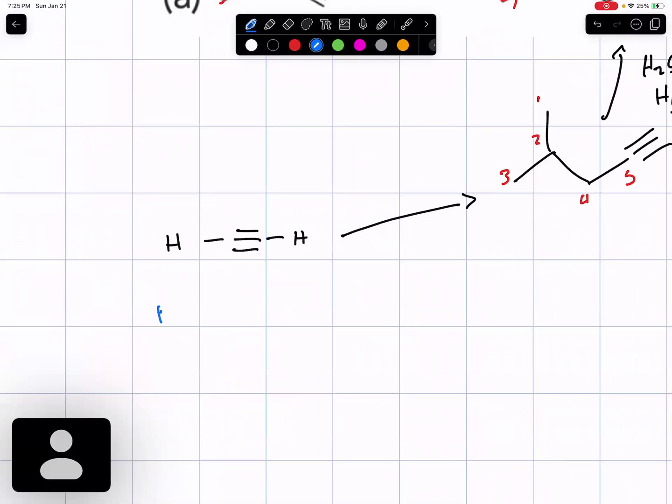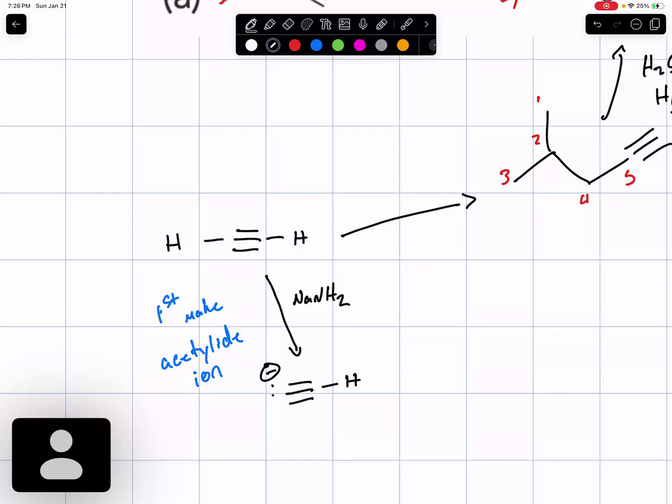I have to make the acetylide ion, which will deprotonate this hydrogen. And to go from here to here, we just use sodium amide, right?